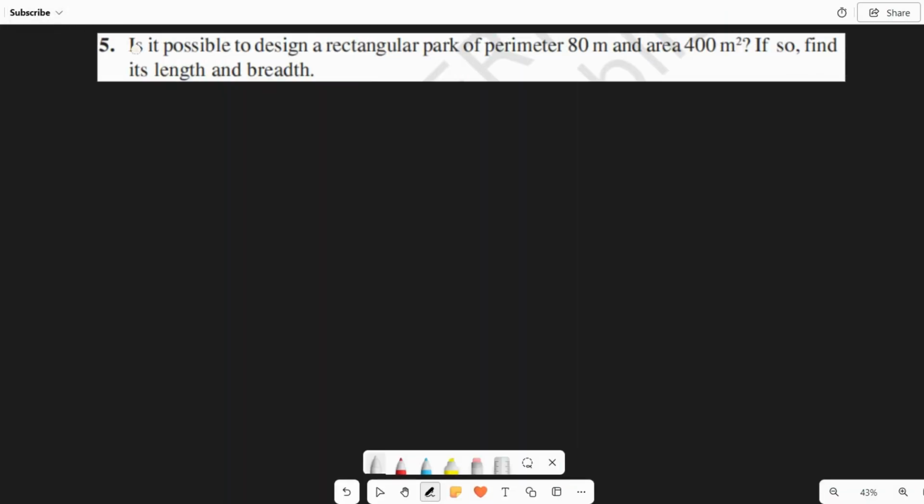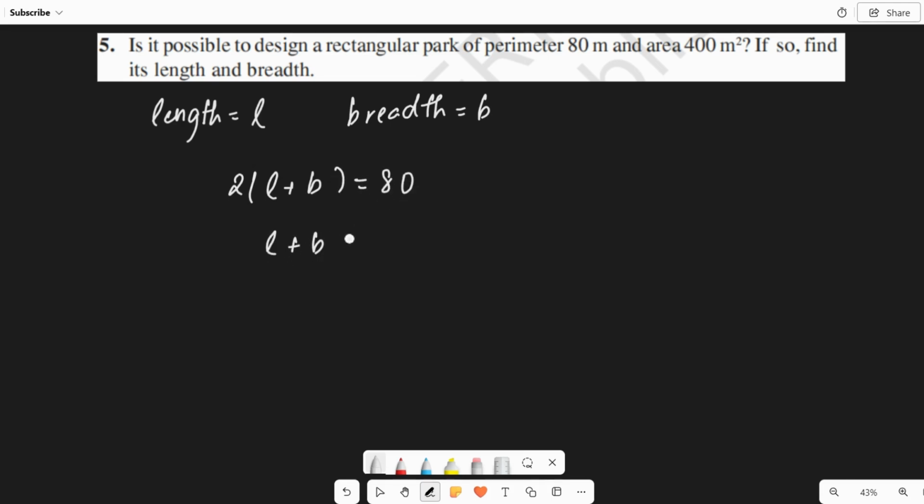So now let's move on to the fifth question, that is: is it possible to design a rectangular park of perimeter 80 meters and area 400 meters square? If so, find its length and breadth. So let the length of the park be L and breadth as B. So we are given that perimeter is equal to 80 meters, that is 2 into L plus B is equal to 80, and from here L plus B, that is length plus breadth, becomes 80 by 2, that is 40.